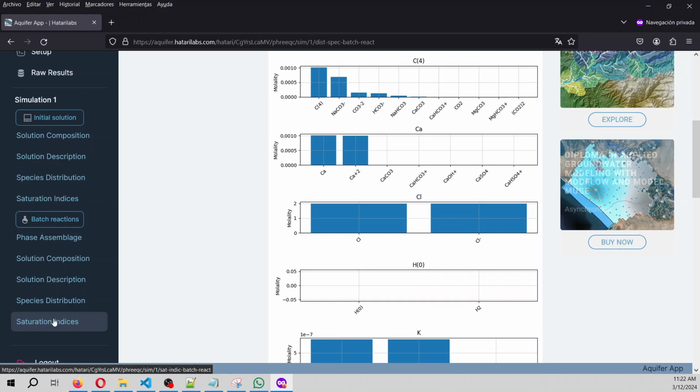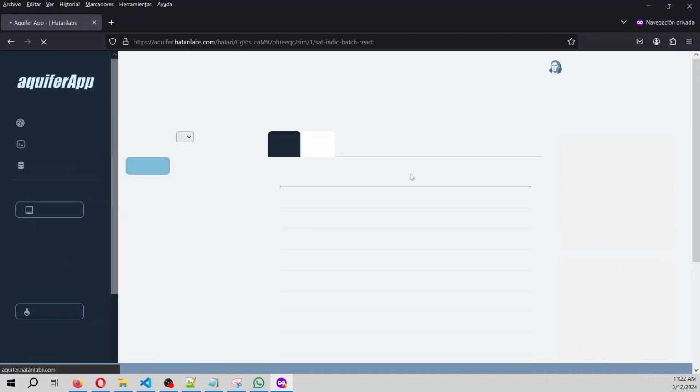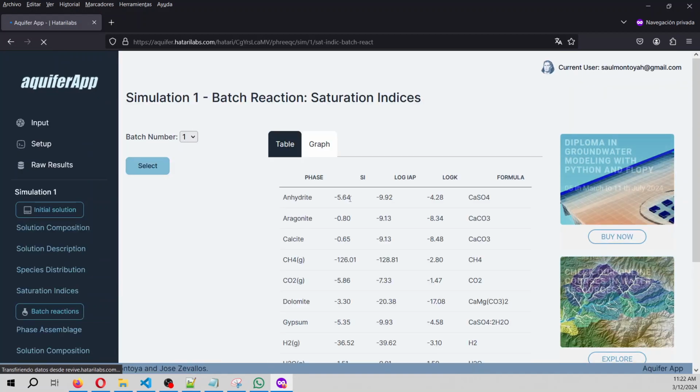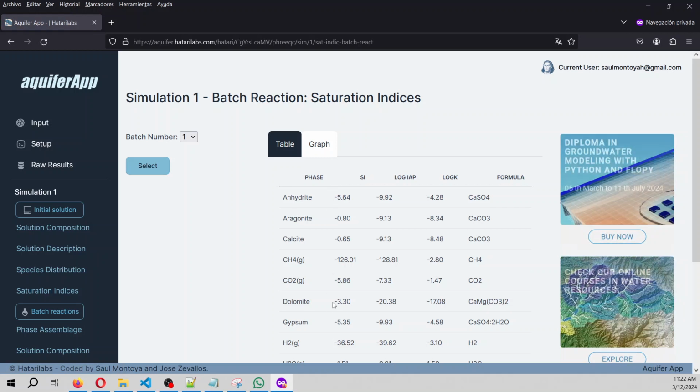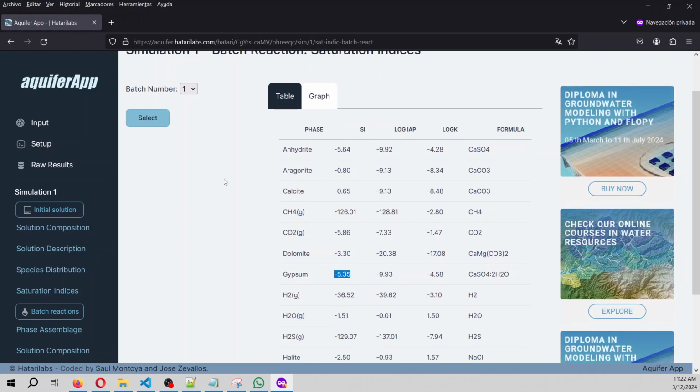Let's see about the saturation index. At the beginning, in the first reaction, we see that it is still unsaturated with respect to anhydrite, aragonite, calcite, dolomite, and gypsum, for example.